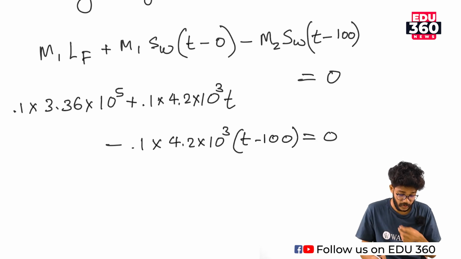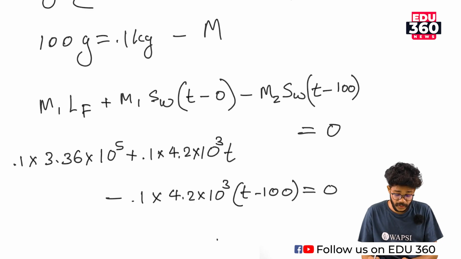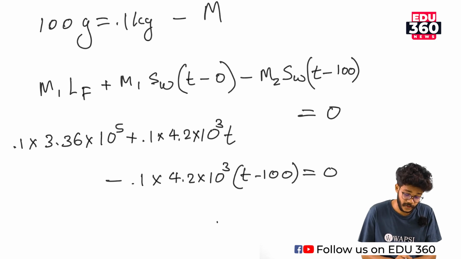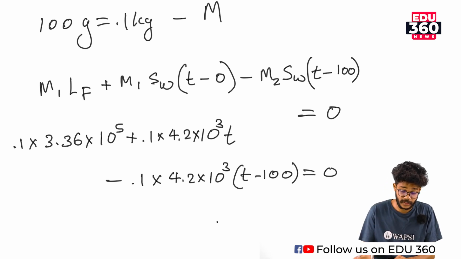Let us open the brackets and multiply in this equation. Not T minus 100, but 100 minus T.